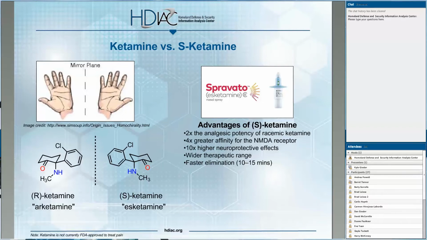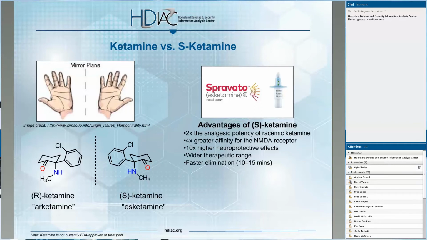And this translates to a wider therapeutic range and, interestingly enough, a faster elimination time, to suggest that S-ketamine may be more predisposed to cytochrome P450 enzymes or MAOI proteins, which also contribute to the oxidation of the nitrogen atom and elimination of the drug itself.